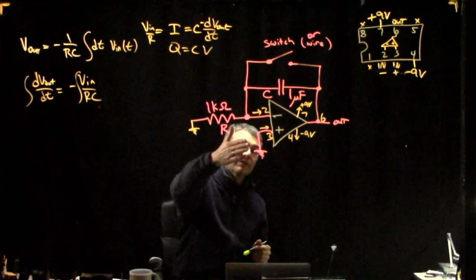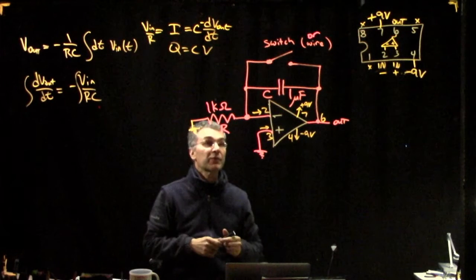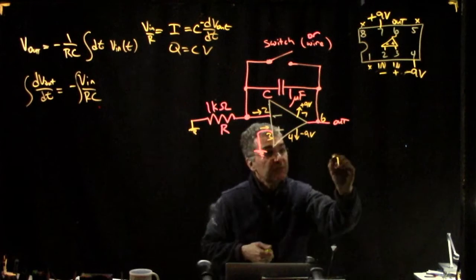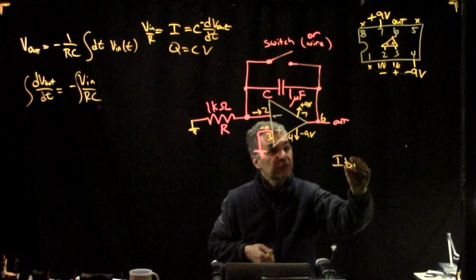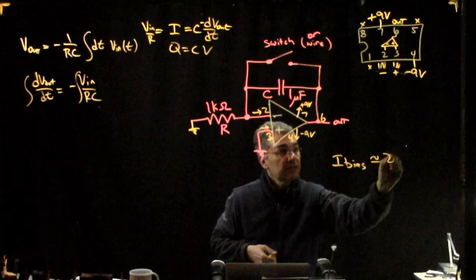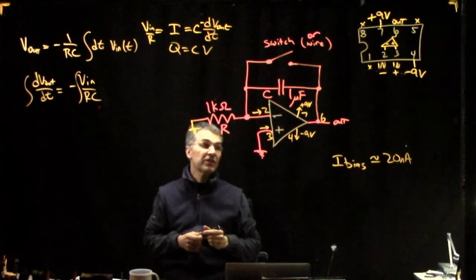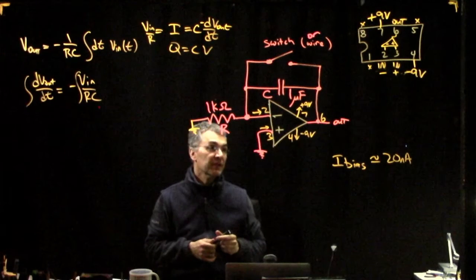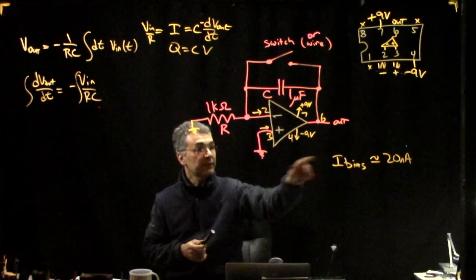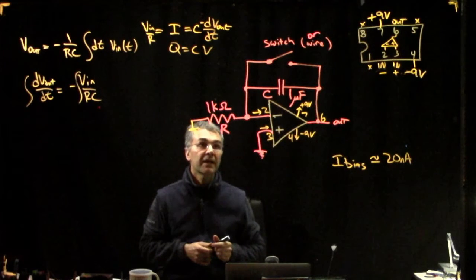Actually, that's a bit of an exaggeration because this is going to be tens of nanoamps. The typical value for the batch of chips that we have here is about 20 nanoamps, though the data sheet says typical value is closer to 100, but for our sample batch it's more like 20 nanoamps.